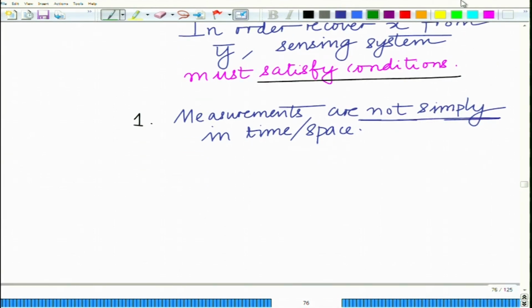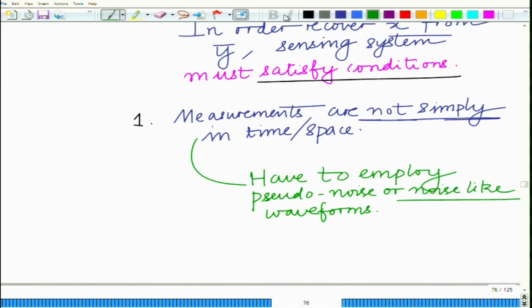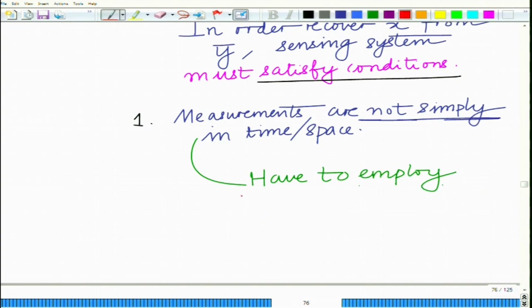Rather, they have to employ noise like or pseudo noise waveforms. Measurements have to employ noise like waveforms.